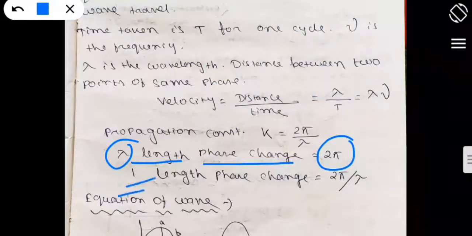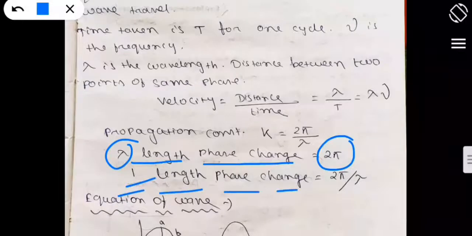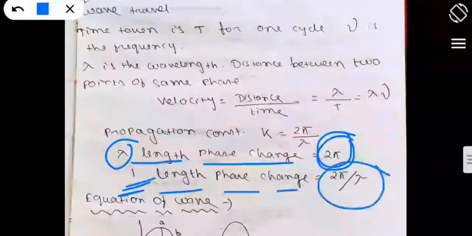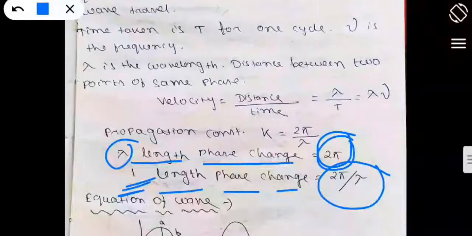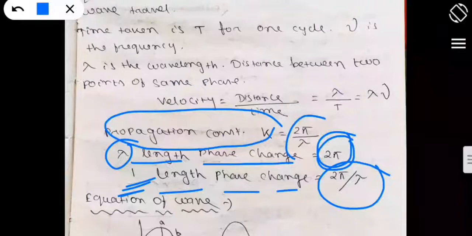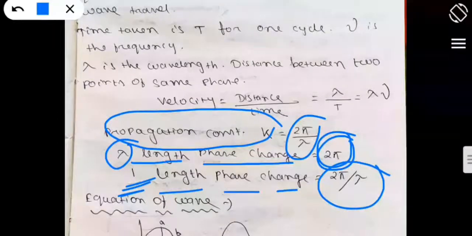So for one unit length, how much will the phase change be? For lambda length, if the change is 2 pi, for the unit length the phase change will be 2 pi by lambda. This is known as the propagation constant K.